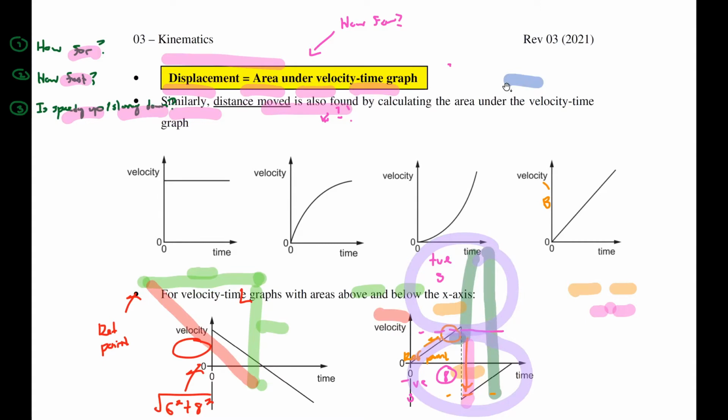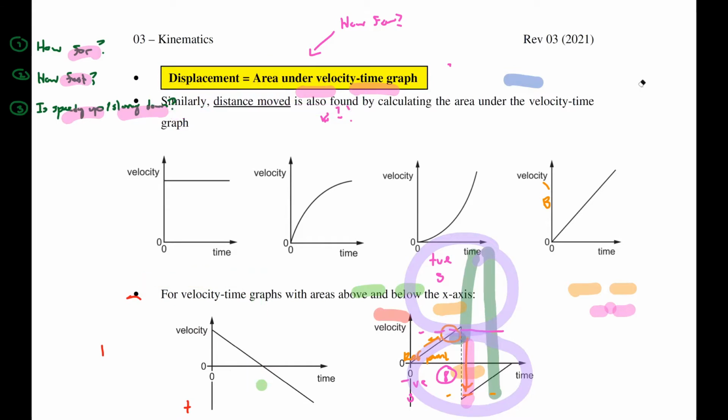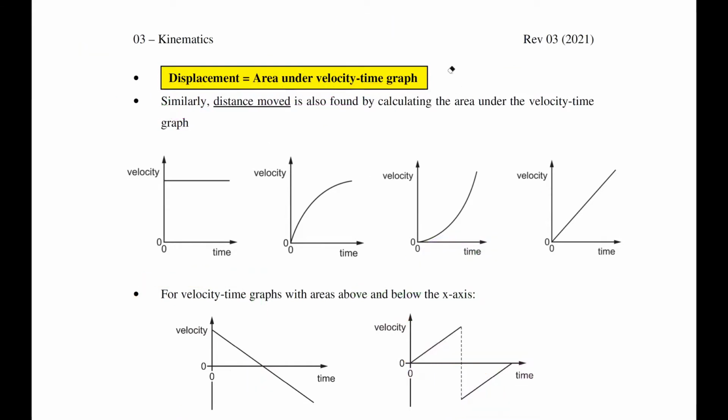Okay, so when you're talking about displacement, it can always be found from your velocity time graph. Let me clear everything off. Displacement can always be found from the area under your velocity time graph. Similarly, you can also say the distance moved can also be found by calculating the area under your velocity time graph. Okay, they are interchangeable.